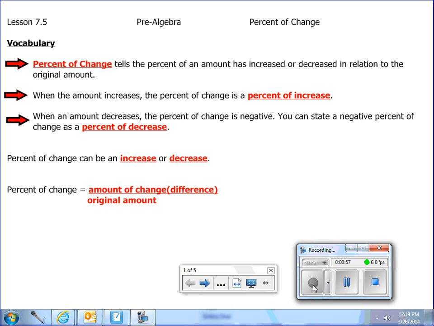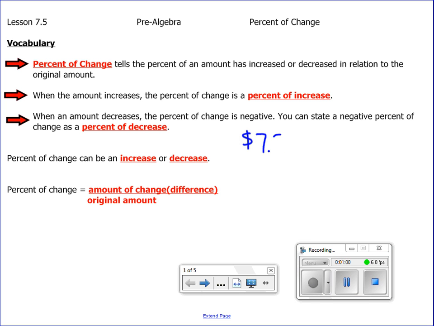Right now, I believe the minimum wage is $7.50, and he wants to increase it to $10. Now, we're wanting to determine what the percent of increase is, because when we look at the two numbers, it shows an increase.